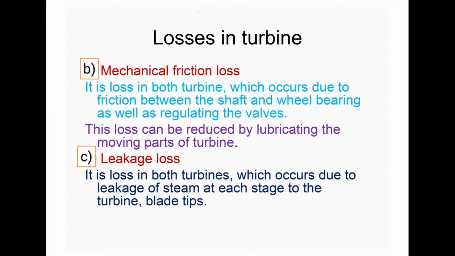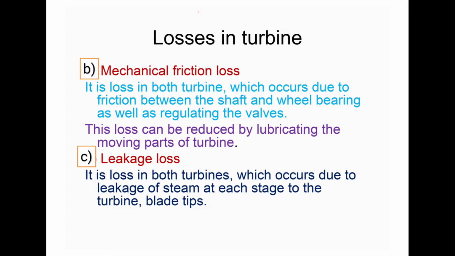The mechanical losses also accumulate through system obstruction. This mechanical system will absorb some quantity of steam energy from the steam system, so the overall efficiency will reduce. This loss can be reduced by lubricating the moving parts of the turbine.